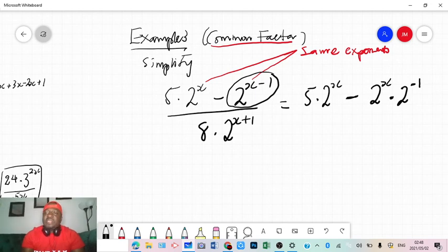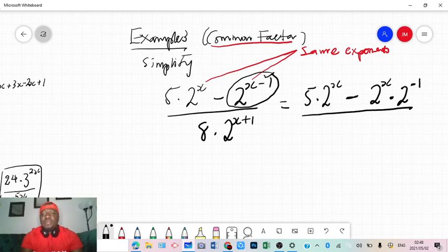So in reversing this, if I was supposed to apply the law, I would say keep the base, add the index, which will be x plus minus 1. But the plus will not be counted, so the minus sign takes over the plus. So when I reverse this one, this is what I get. And it's very important you understand how to do this reversal. Otherwise, you won't be able to solve this type of equation.